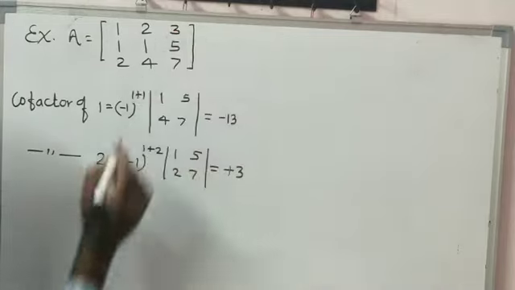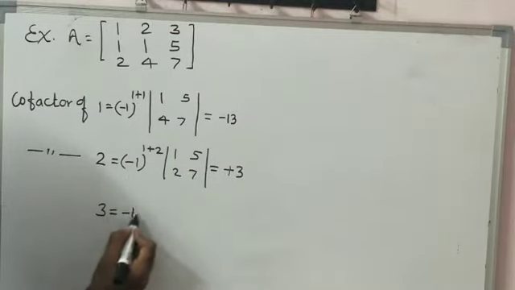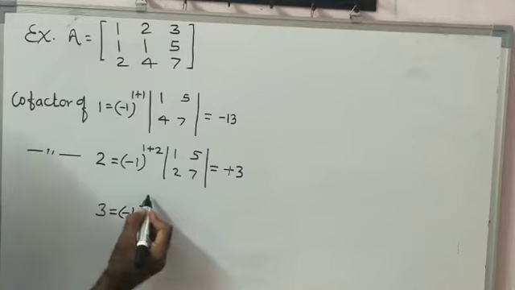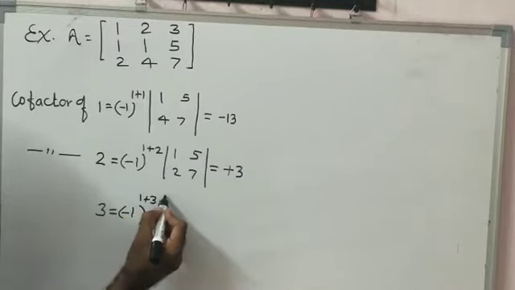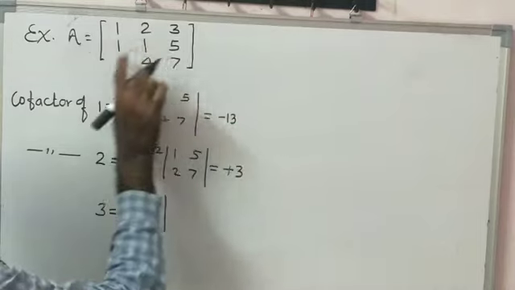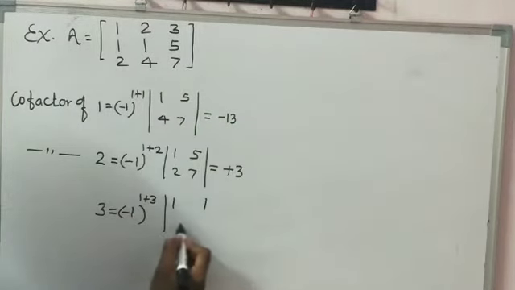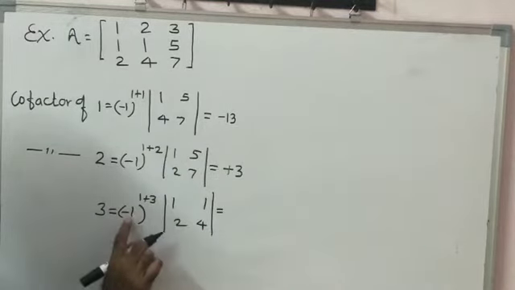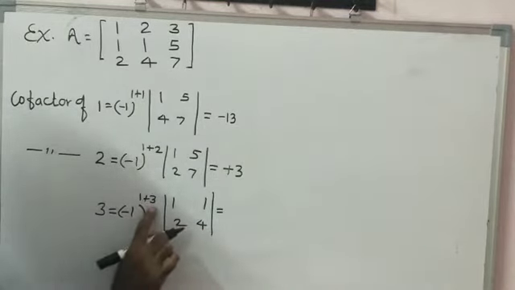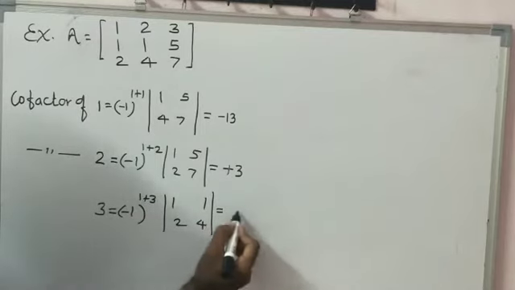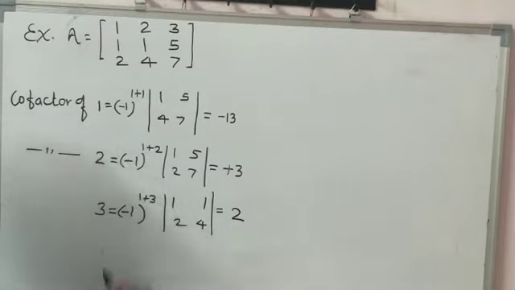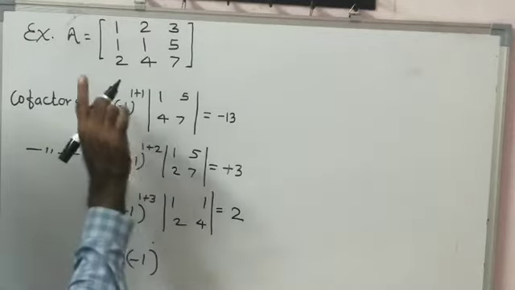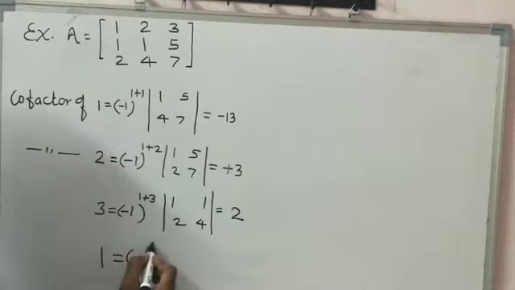Then this element 3: (-1) to the power first row, third column. Its minor is 1 1 2 4, and (-1)^4 is 1. 4 minus 2 is 2. Then this element 1: (-1)^(2+1), second row, first column.